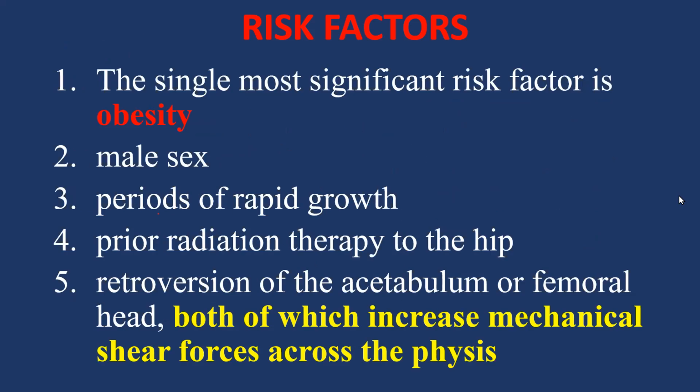The single most significant risk factor is obesity, the male sex, periods of rapid growth. Prior radiation therapy to the hip weakens the physis and could promote it. Retroversion of the acetabulum or femoral head, both of which increase mechanical shear forces through impingement across the physis.